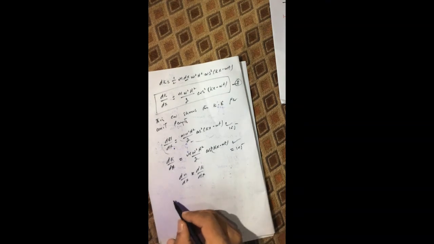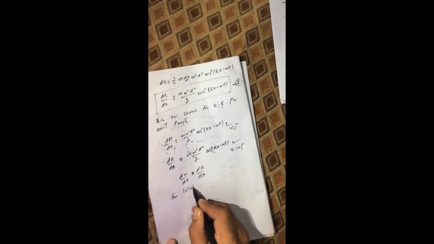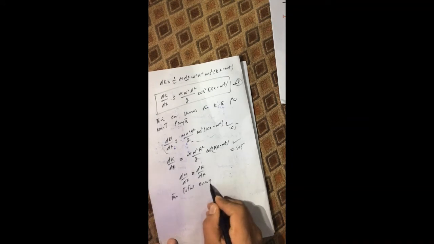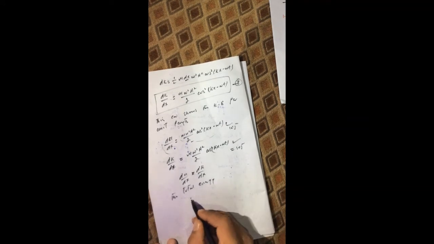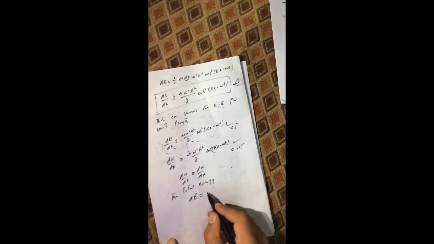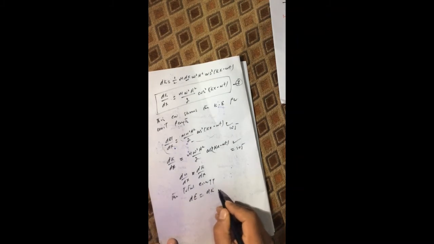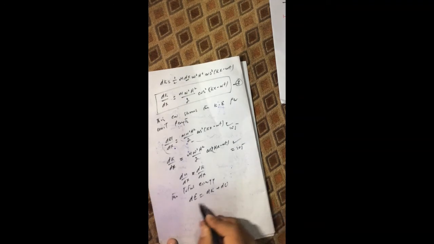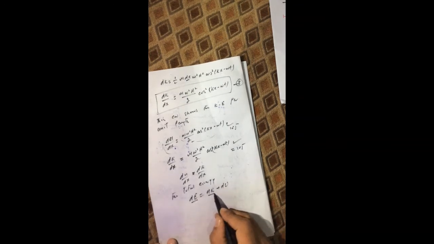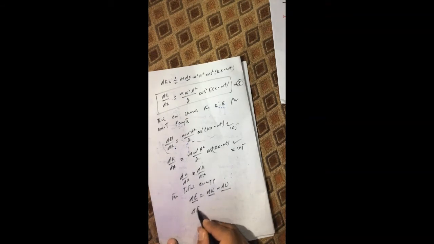Now the total energy per unit length. We can say that the total energy change is dE, which is equal to dk plus du. The change in total energy will be equal to the change in kinetic energy plus the change in potential energy. For total energy per unit length, I will divide throughout this equation by dx.